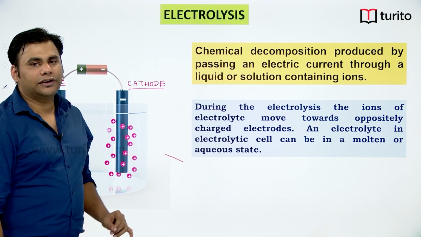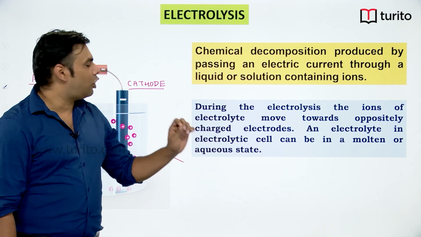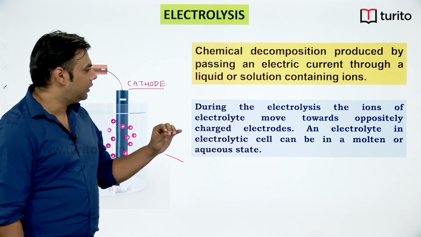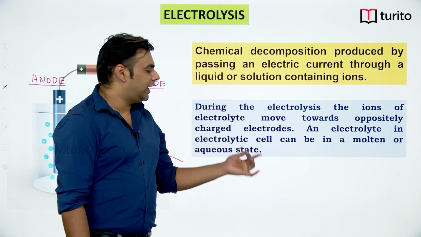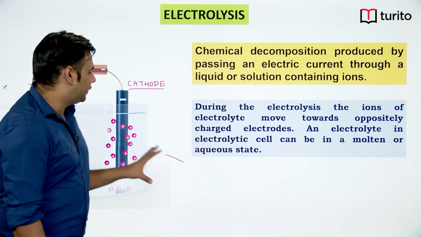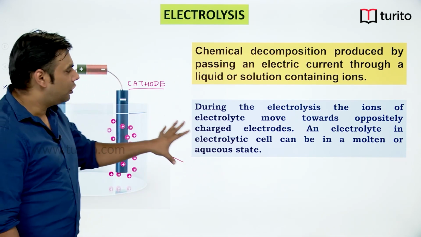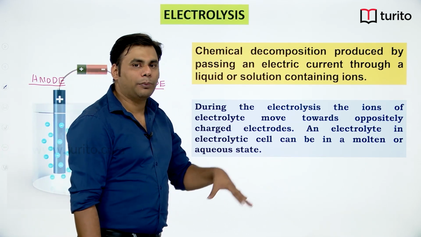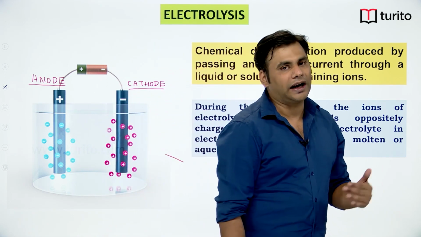During electrolysis, the ions of the electrolyte move towards the oppositely charged electrodes. An electrolyte in an electrolytic cell can be in a molten or an aqueous state. So this solution can either be an aqueous solution or it can be in the molten state. When you pass current through it, the electrolyte dissociates into cation and anion.